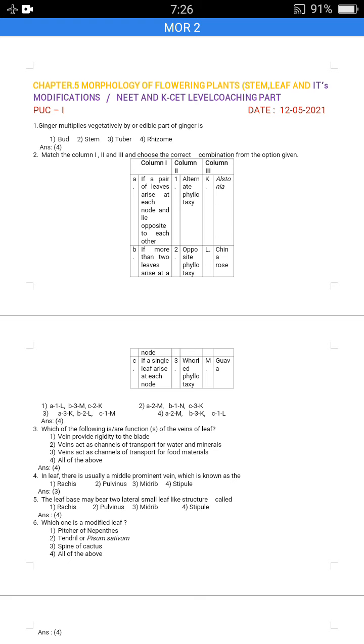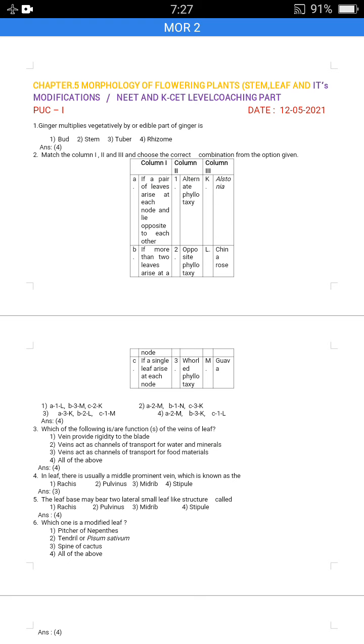Next, tendril. So Pisum sativum, the pea plant. In the pea plant, the leaf is modified into a tendril to hold a support or plants or any wooden supports to grow erect. Next, spines in the cactus. Leaves are modified into spines to reduce the loss of water.